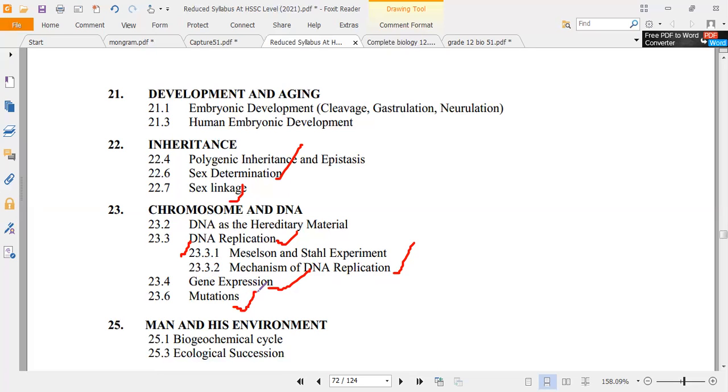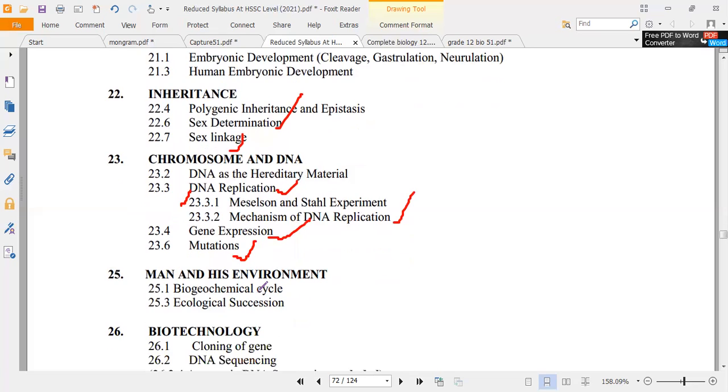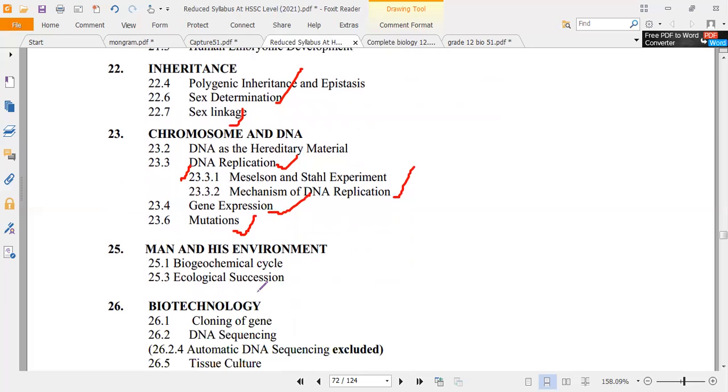And then mutation, gene mutation or point mutation, and chromosomal mutations all are included. So you can see here chapter 23 and then 25, there is 24 in between, so 24 is excluded, that is about evolution.